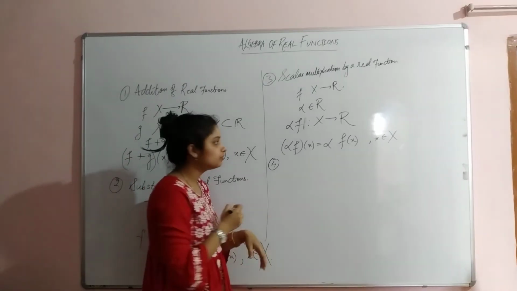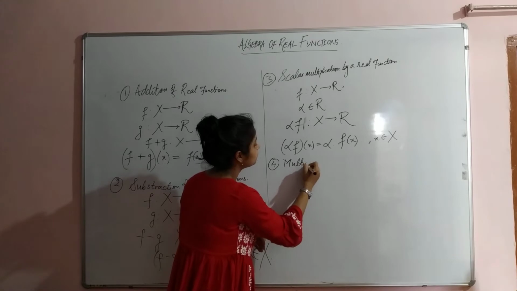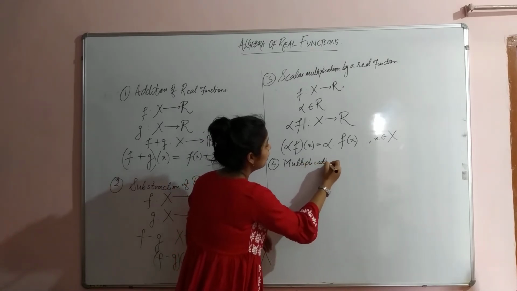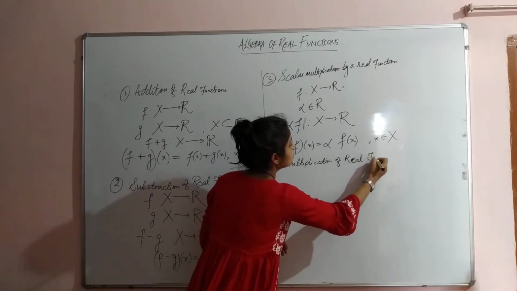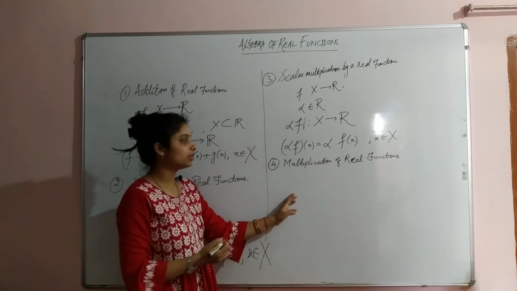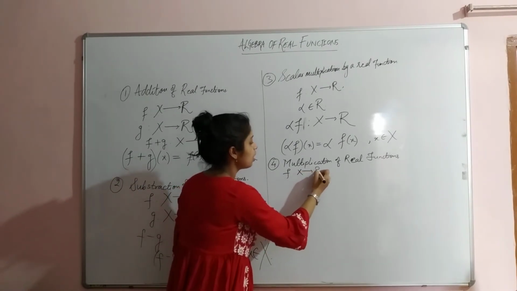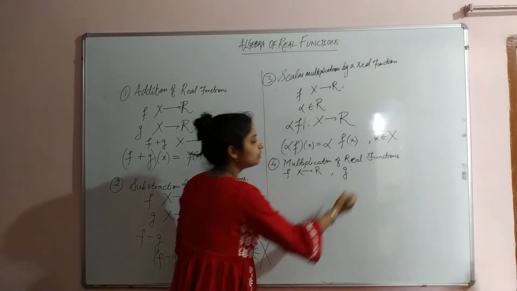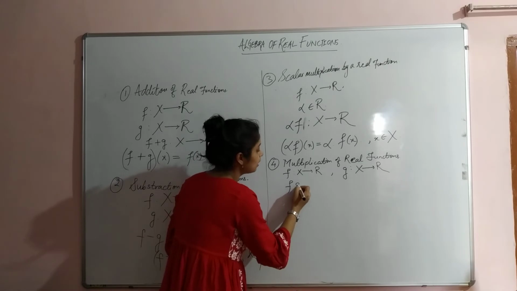Now the next type of operation is multiplication of real functions. Similarly, I have taken f from a set X to R and g, another real function, from the set X to R. Then their product is f dot g.